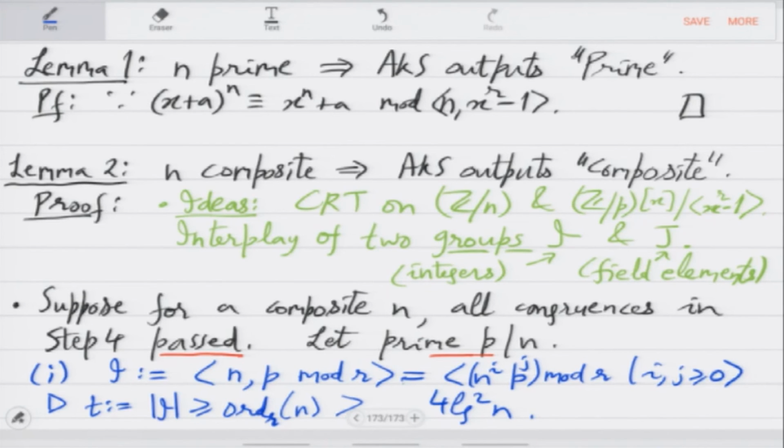Let me make a remark about why this group I is important. What is the significance of this?